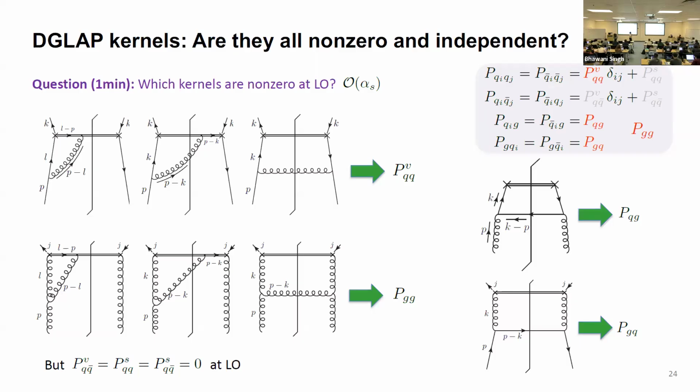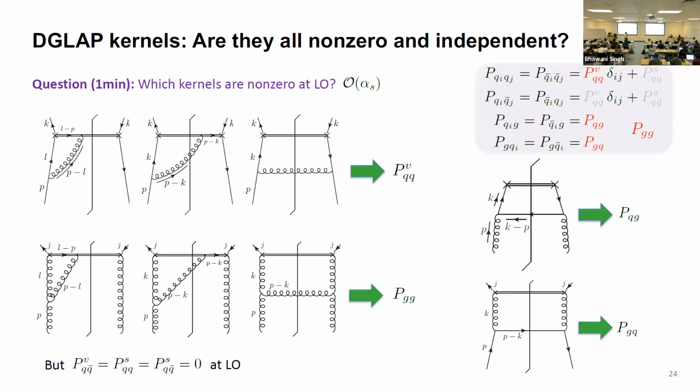It can be virtual, it can be real. And this from quark to quark doesn't change the flavor of the quark. So we have the valence splitting from quark to quark. That gives the first kernel here. And for the gluon, it's just from gluon to gluon and nothing complicated. So it's the last kernel, G to G.